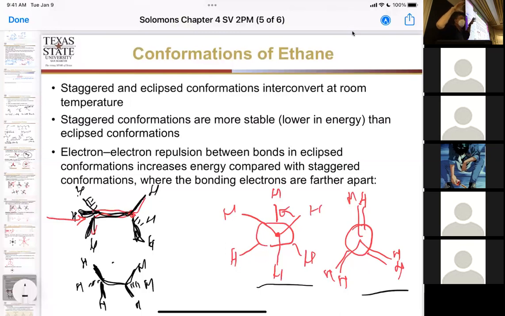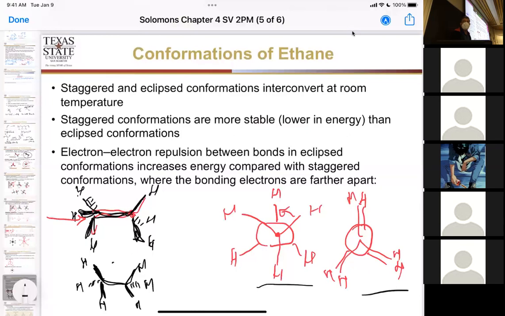There are those clouds of electrons. And so as the clouds of electrons come near each other, they repulse each other. So you want them as far away as possible without breaking any bonds. So the staggered configuration is the lowest energy configuration. Okay, but then you say, well, then there's a barrier to do this. Well, it's not very high, so we can rotate that sigma bond.